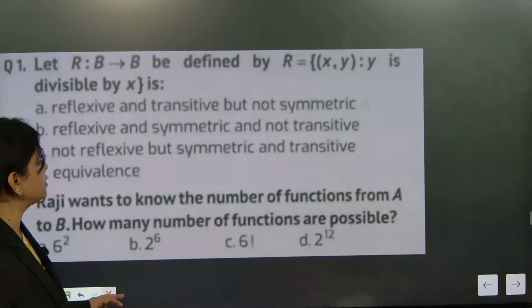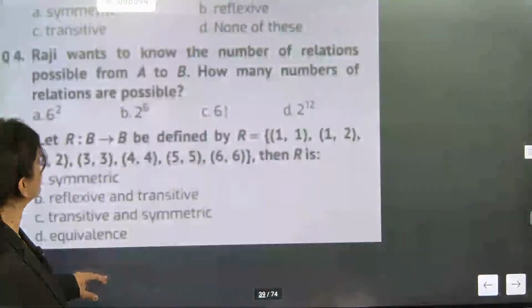Now both are correct, Shiva. So this answer is going to be the correct answer. Come on, go for the next question.